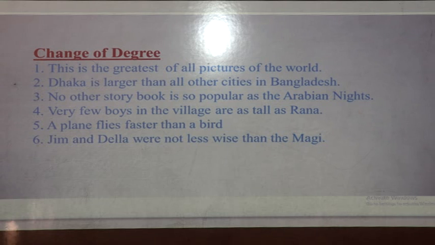In order to identify the sentences, we have to know the terms. Suppose no other or as ... as. If we get no other in the beginning of a sentence, or as ... as before and after an adjective, these are the signs of identifying the positive degree.